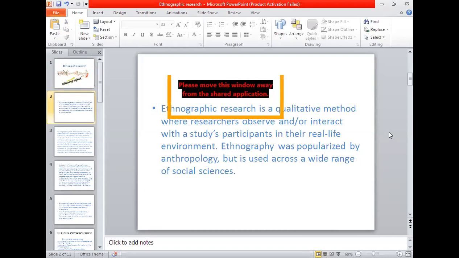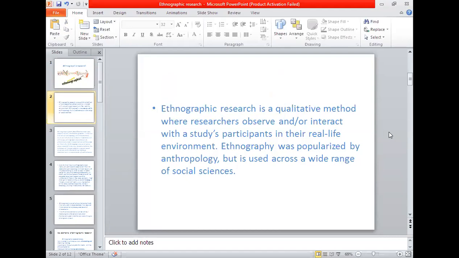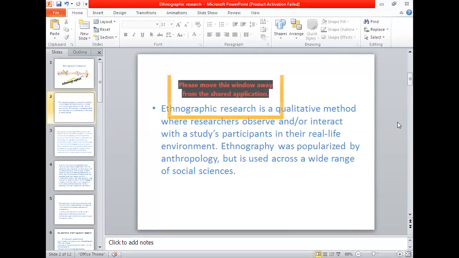Ethnographic research is a qualitative method where researchers observe and or interact with the study's participants in their real life environments. It means that in ethnographic research, researchers try to understand participants in their real life environments.